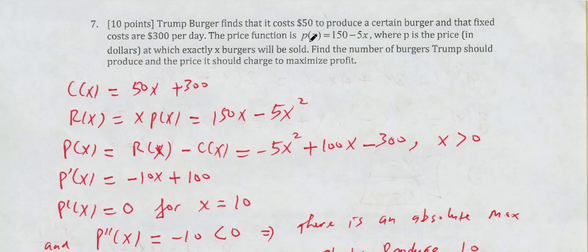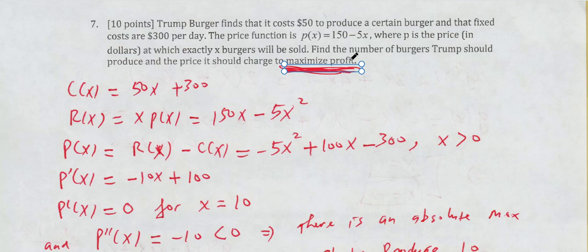The price function is p of x equals 150 minus 5x, where p is the price in dollars at which exactly x burgers will be sold. Find the number of burgers Jump should produce, and the price, subject to maximizing the profits. So the key word here is to max the profits, or finding the local max.